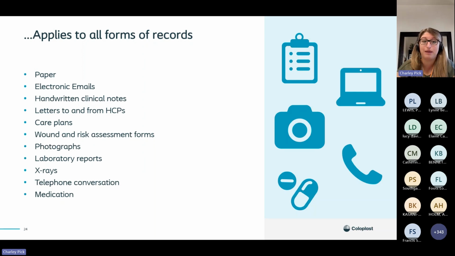Now, we have less and less paper records now because we have so many electronic systems that we can document our records on. But one of the things in this list that often doesn't get documented particularly well is telephone conversations. And often what you will see written in notes is telephone conversation with consultant or GP.